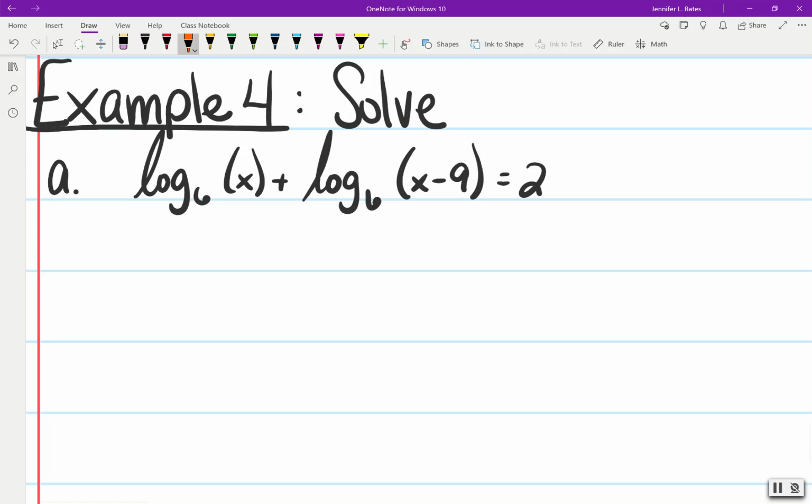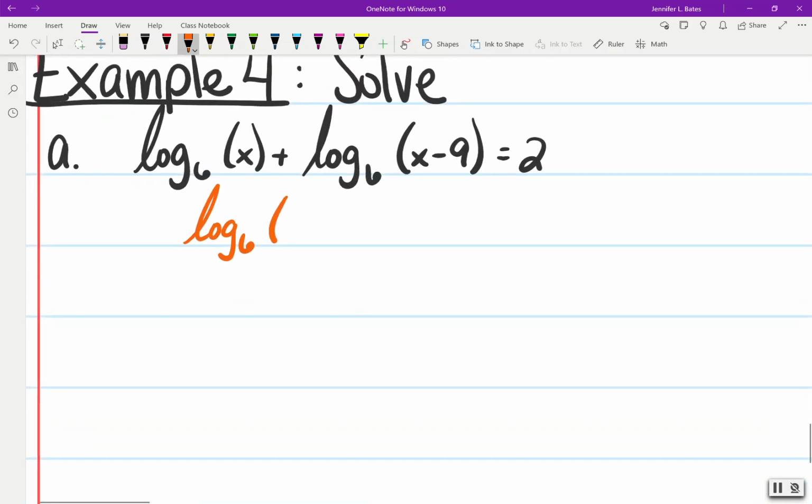Show me on your hand. Very good, log property 1. So to combine them, I multiply the arguments. I'm going to take x times x minus 9, and that gives me x squared minus 9x.